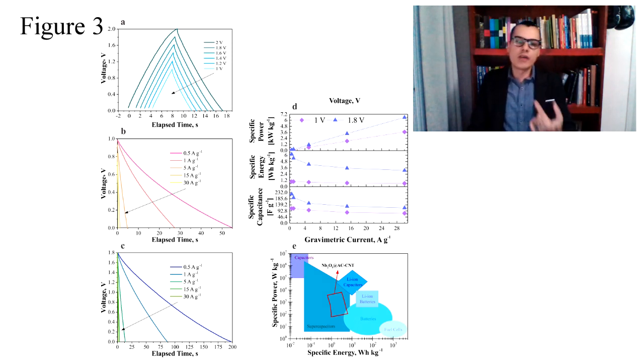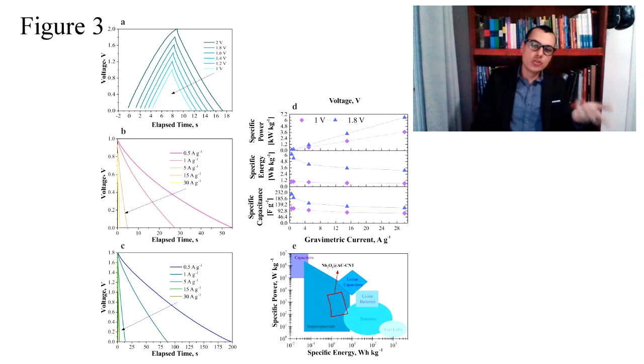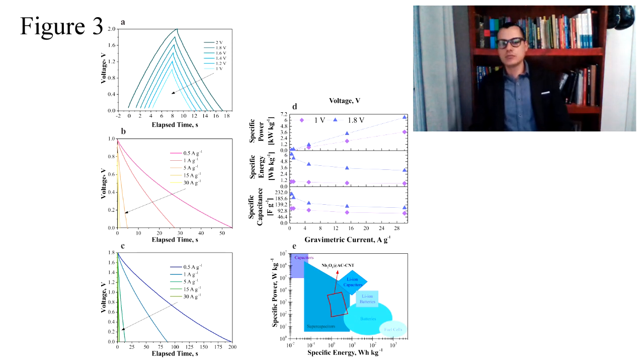On the one hand, for the device with 1 volt, these values were found to be 0.2 and 14 kilowatts per kilogram for specific power, and in the case of specific energy, we found 3.8 and 2.5 watt-hours per kilogram. In this case, we used gravimetric currents of 0.5 and 30 amperes per gram.